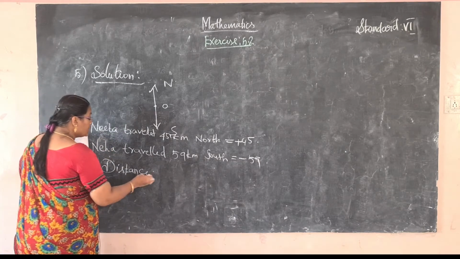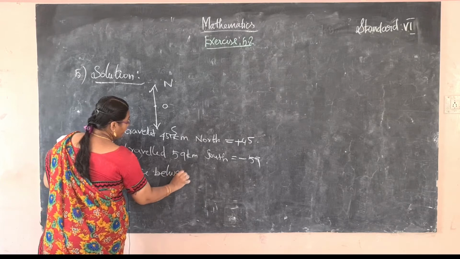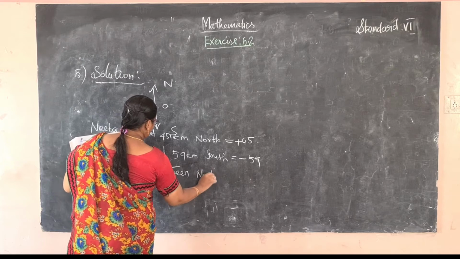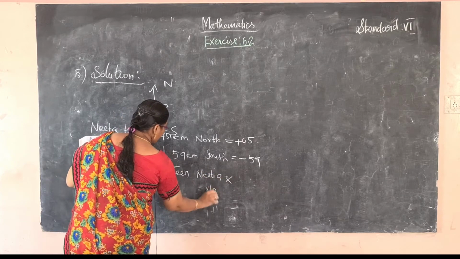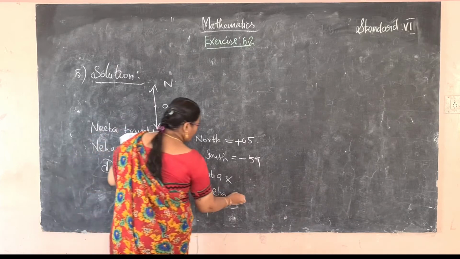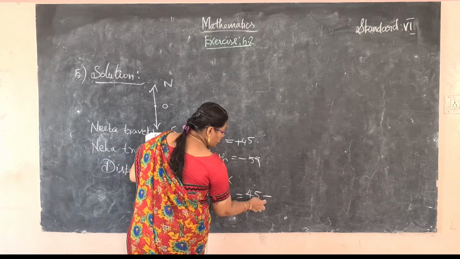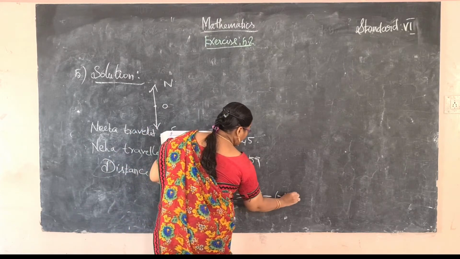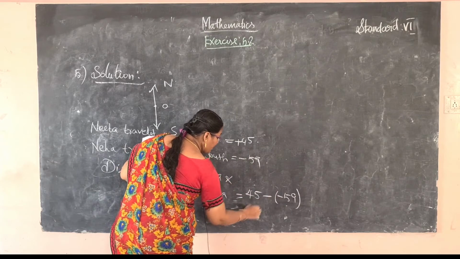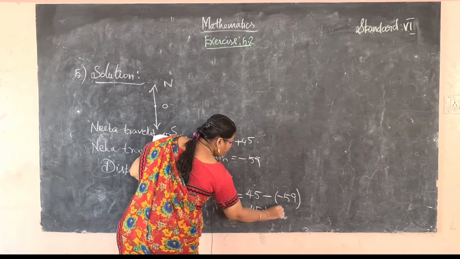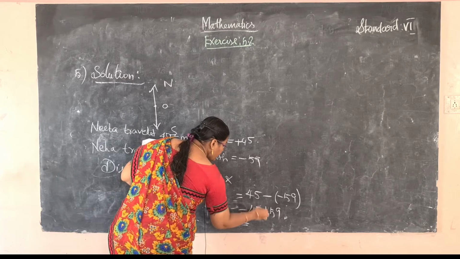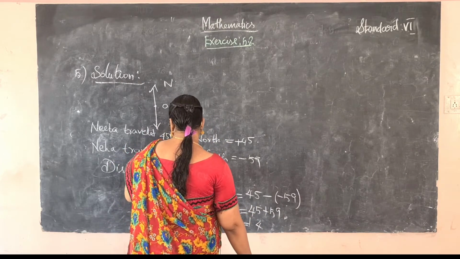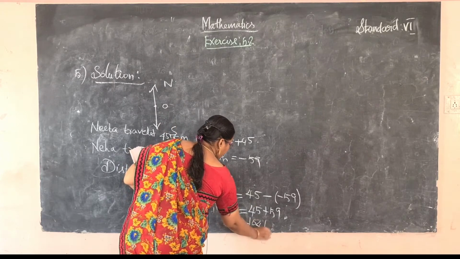Okay, so distance between Nita and Neha is equal to 45 minus, the difference distance we have to find out, so minus of minus 59. Okay, so minus into minus plus, so 45 plus 59. Add these two values, so 104, correct, kilometer.